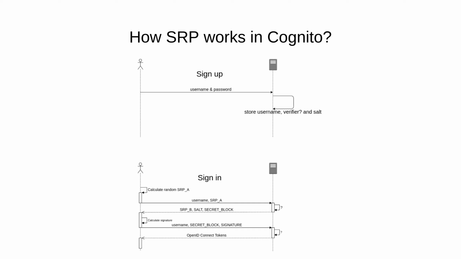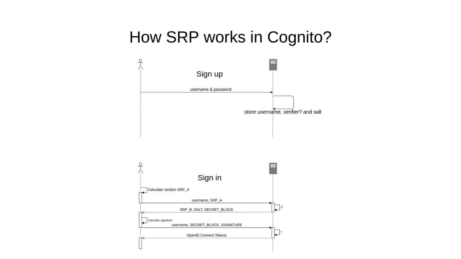Now, those three values together with our password and other, let's say, Cognito related attributes are used to calculate the signature. And when we calculate the signature on our end, we send it back with the username, the secret block, and the signature back to Cognito.